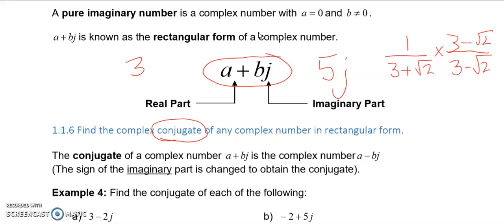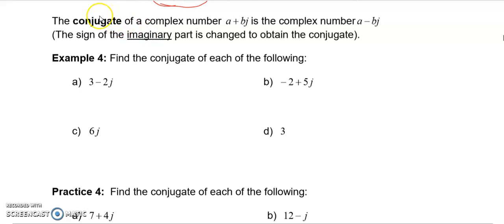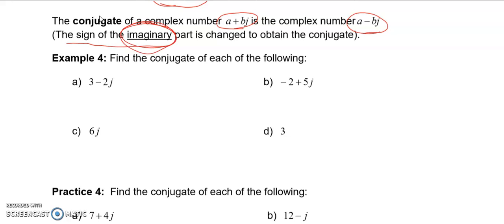Well, the conjugate of a complex number in rectangular form is basically the same thing. A plus bj has a conjugate of A minus bj. But the thing to remember is the sign of the imaginary part is what actually gets changed.